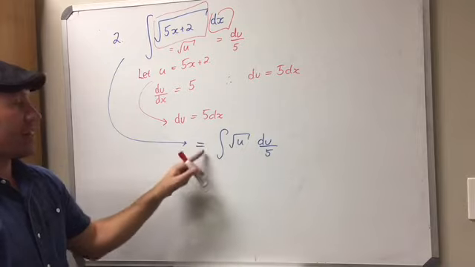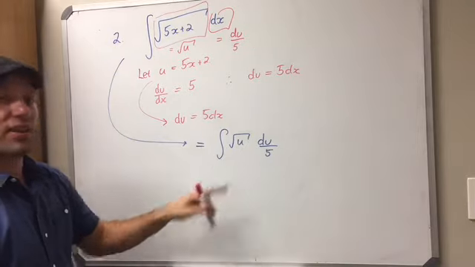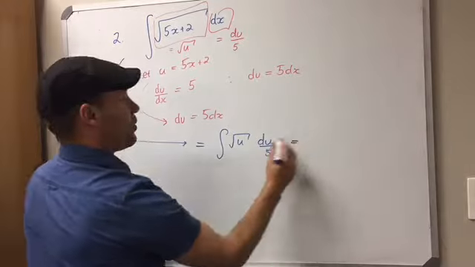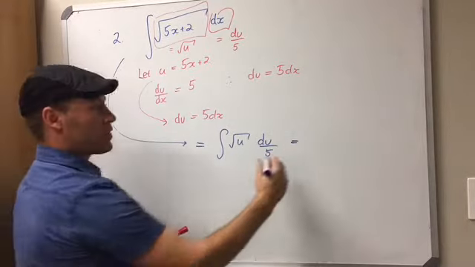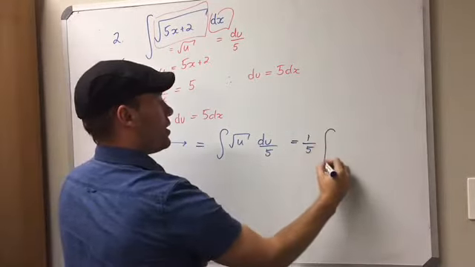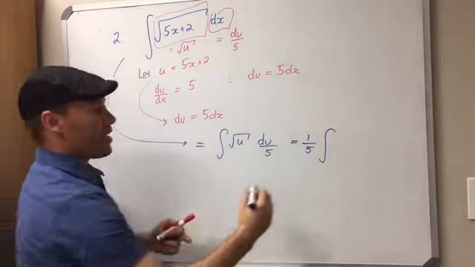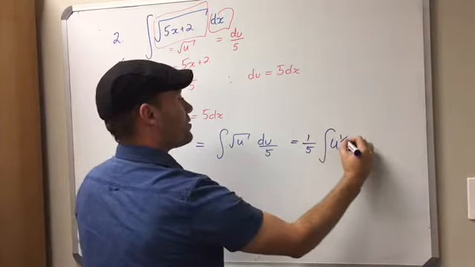The factor of a fifth can come out of the integral, and I'm left with integrating square root of u. You can always write square root of u in a perhaps easier to understand form as u to the power of a half du.